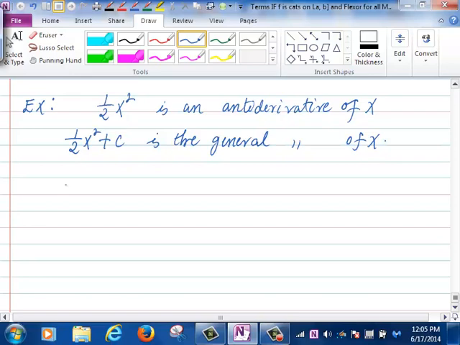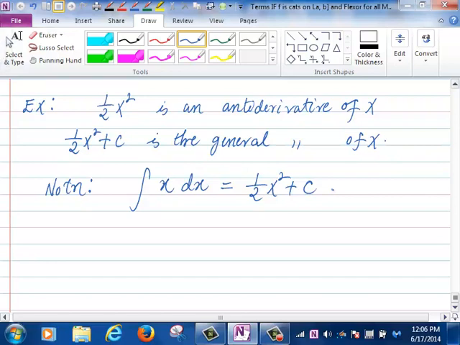And we are going to use the notation. This notation will mean that I'm taking the antiderivative of x with respect to x, and this is equal to half of x squared plus C. Okay? So this is called the antiderivative.